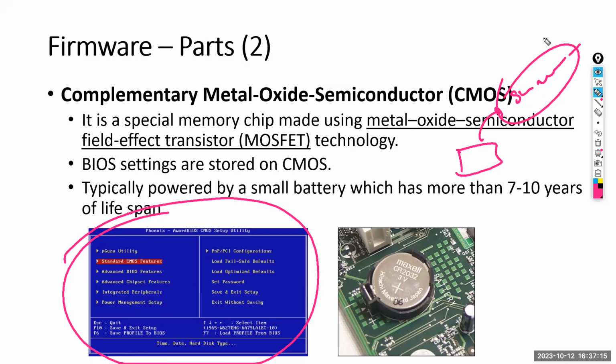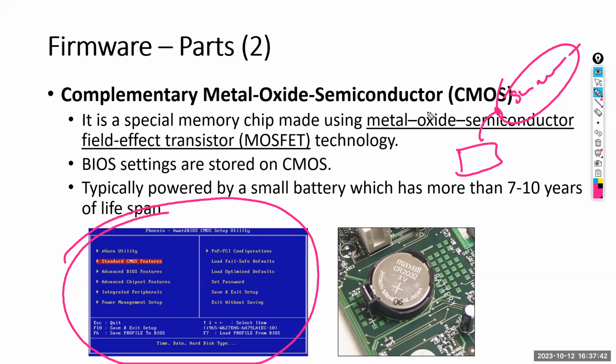But the moment you switch on your computer, the initial screen, at that time your operating system has not yet started. So at that time, your computer is under the control of your firmware, basically under the control of your BIOS. And there you have options.